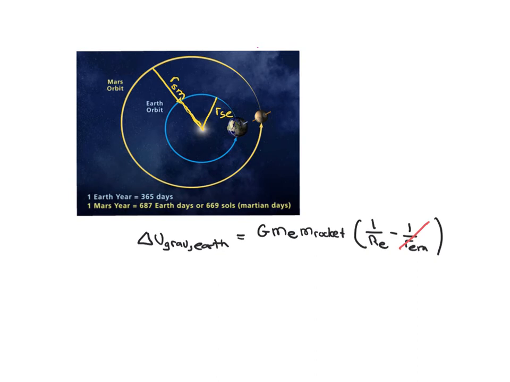And now let's write down the change in potential energy due to the gravitational effects of the sun on our rocket. So in this case, we're going to have to put the mass of the sun here times the mass of the rocket. And the rocket starts off a distance from the sun of 1 over r, the distance from the sun to the Earth.